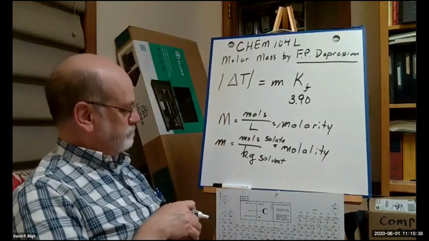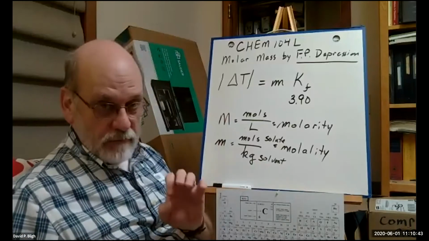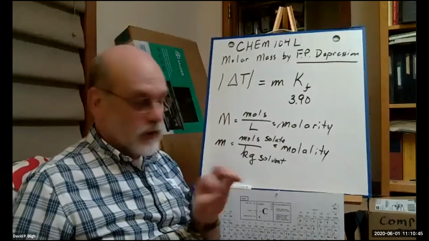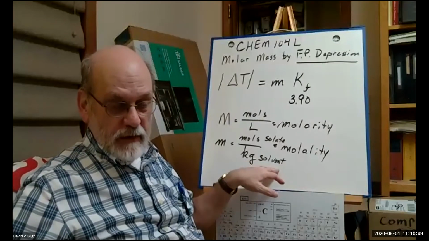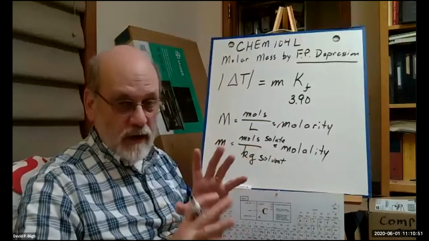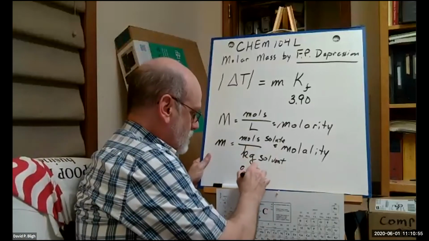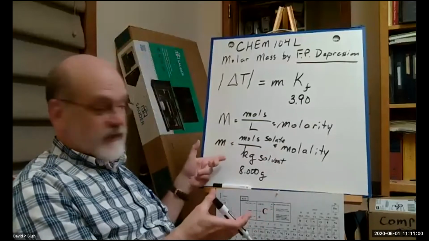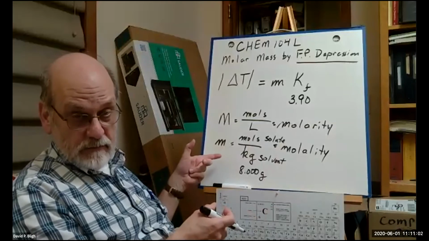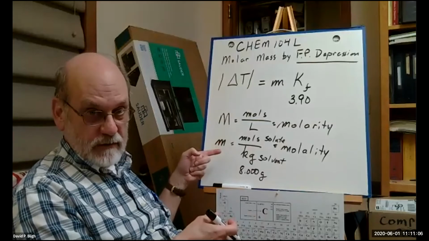Okay. So be careful when you're looking at the amount of solvent, because it's going to be in the neighborhood of 8 grams, right? Something like that. That's not kilograms, is it? No. It has to be kilograms to be molality.